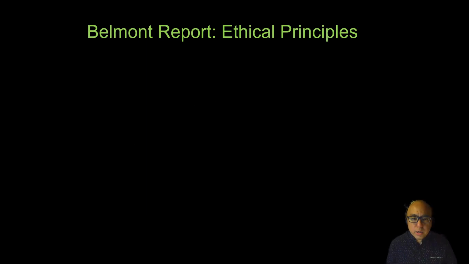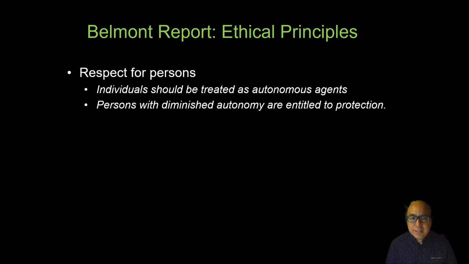During the course of the deliberations, the National Commission came up with what's known as the Belmont Report, which lists 3 ethical principles associated with protecting human subjects. One is respect for persons. That means individuals should be treated as autonomous agents, making their own decisions to participate or not participate in a research study, or to withdraw from a study if they feel inclined to do so.